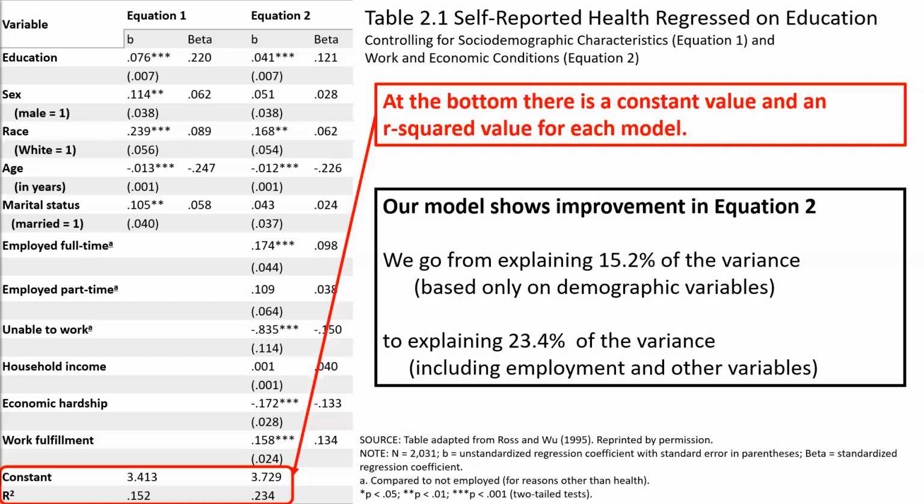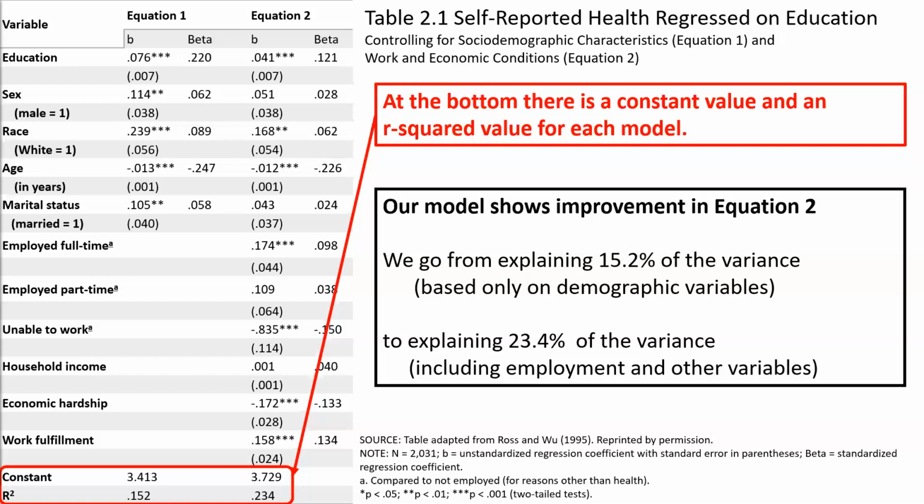The R-squared value tells us how well we can predict the dependent variable, knowing only the independent variables in the model. And we can see that the difference between the first equation and the second equation tells us that we have improved our ability to predict health score by including the employment variables in the second equation.